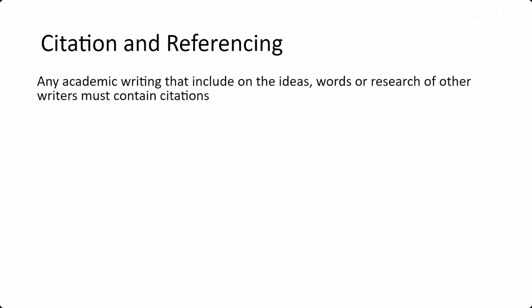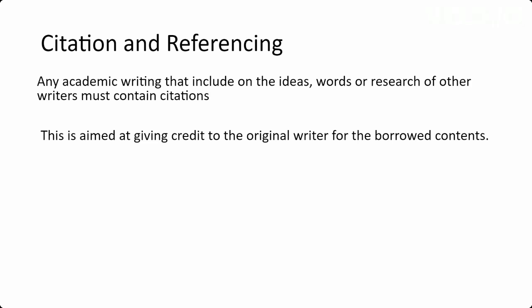Any academic writing where there is some picking of ideas, words, or other work done by researchers has to contain some citation, because there is need for you to give credit to the original owners of those words, because you have just borrowed that content, and it's just a matter of being ethical and decent, that you acknowledge the original owners of that work. So that's the importance of citation.